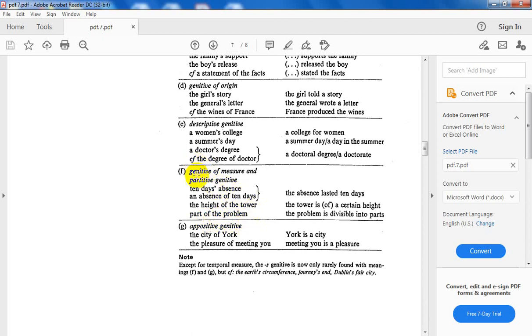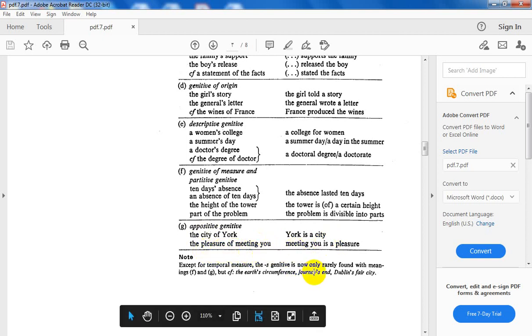And by the way, the most ambiguity is between the genitive of measure and the appositive genitive. This one always takes the of genitive. The appositive genitive: the city of York. York is a city. The pleasure of meeting you is a pleasure.